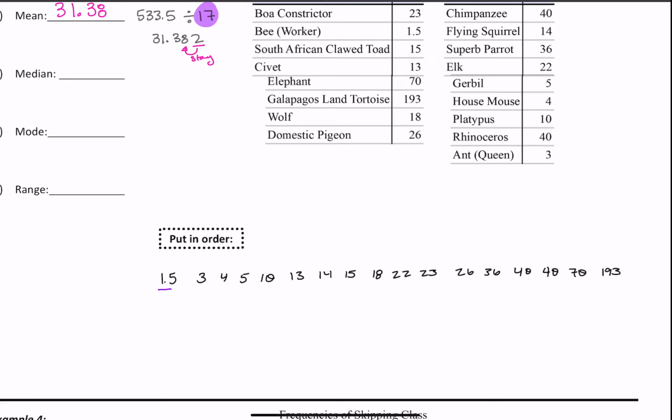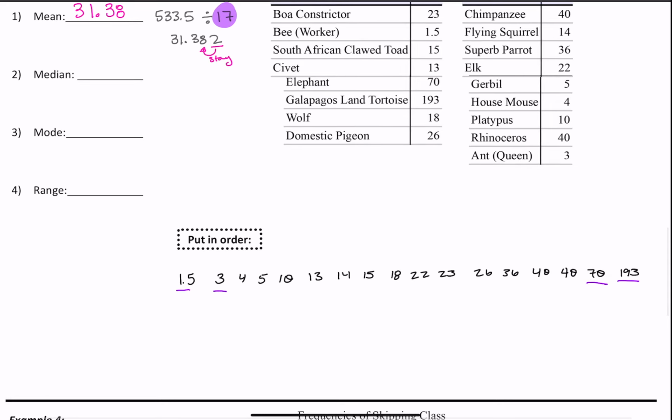I see I have 1.5 and 193. Okay. 3 and 70 is on one side. And then 4 and 40, 5 and 40, 10 and 36. Then we got 13 and 26. We got 14 and 23, 15 and 22. 18 doesn't have a partner, so that means my 18 will be my middle.